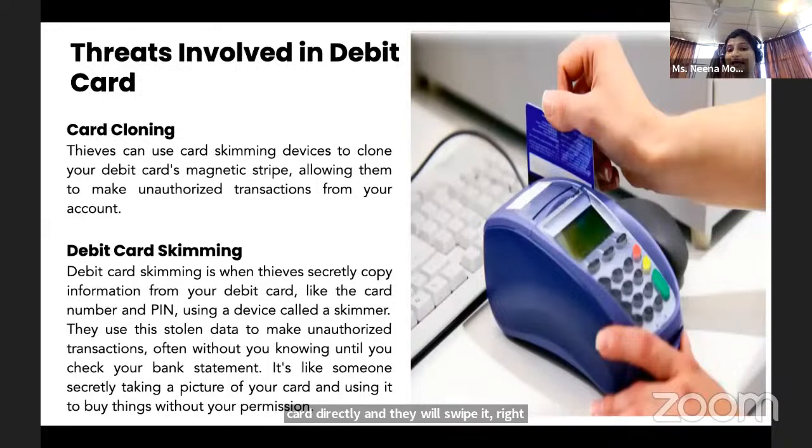When they swipe it, suppose a skimmer device is attached to that particular machine. As soon as you swipe that debit card, all your details, like the chip details, will be automatically recorded by that skimming device. With those details, the scammers can make a cloned copy of your original debit card and withdraw the money.